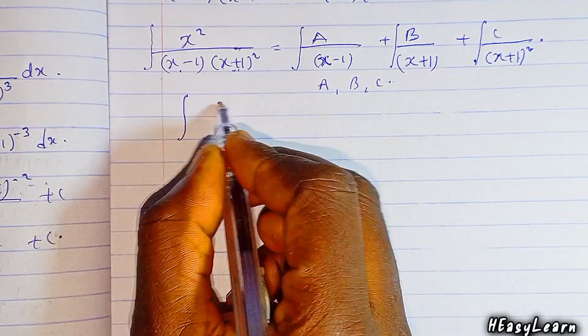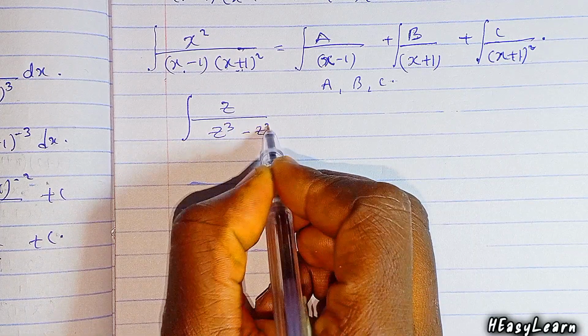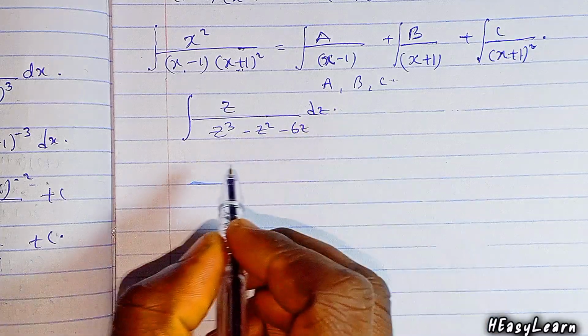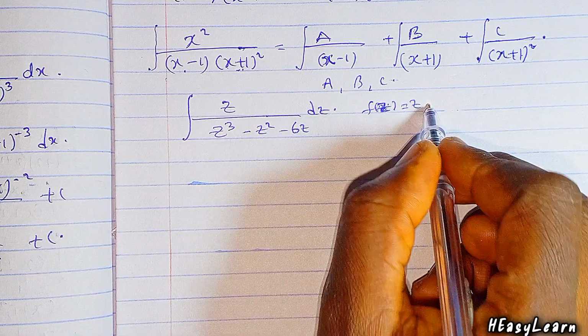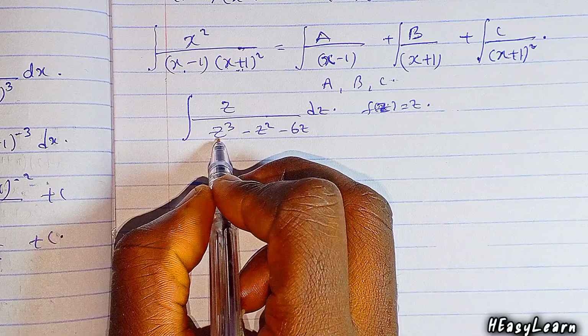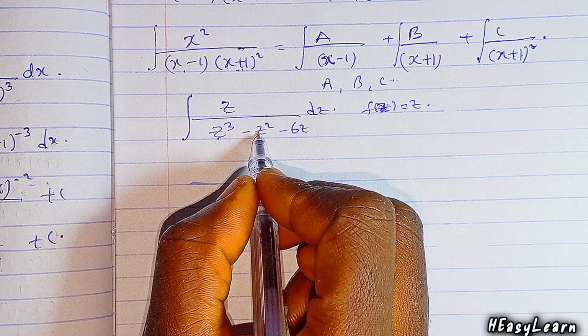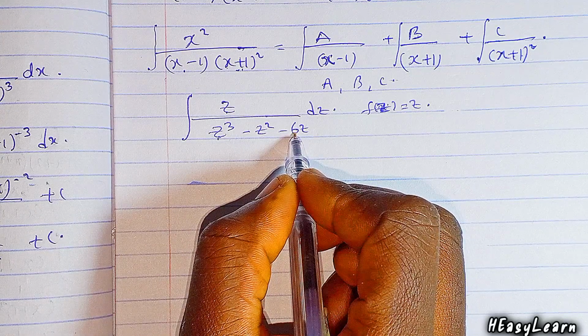Find the integral of z divided by z cubed minus z squared minus 6z dz. In this case, f of z is a polynomial of degree 1, while g of z is a polynomial of degree 3. We are going to check whether z cubed minus z squared minus 6z has a factor in real linear form.